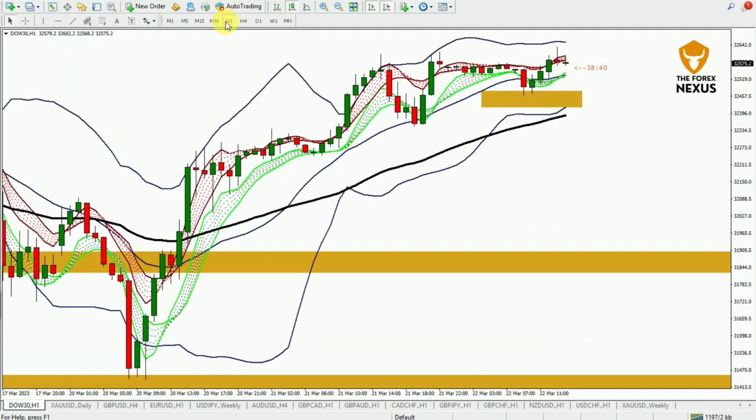So before taking any trade, when you get a re-entry on H4, move to H1 for confirmation. Don't jump to the third time frame until you get the confirmation on the second time frame.